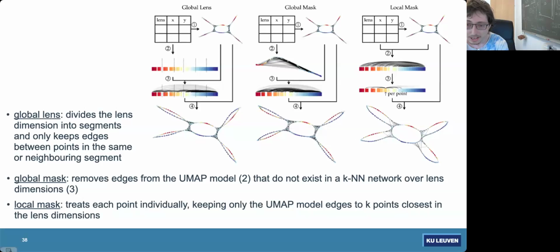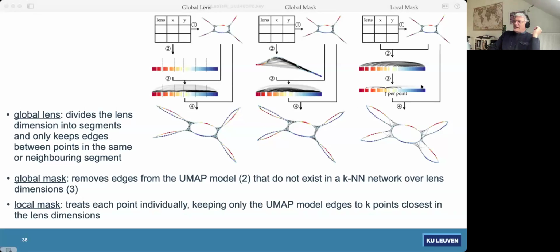Okay. I wasn't sure what the difference was, because the other clustering might as well be k-nearest neighbor. No, it's just one K nearest neighbor, making a full K nearest neighbor network. So the global mask is making a full K nearest neighbor network and doing the intersection with the UMAP network.